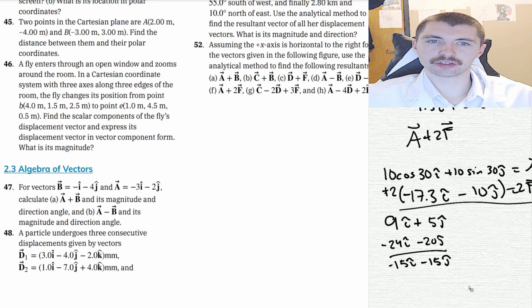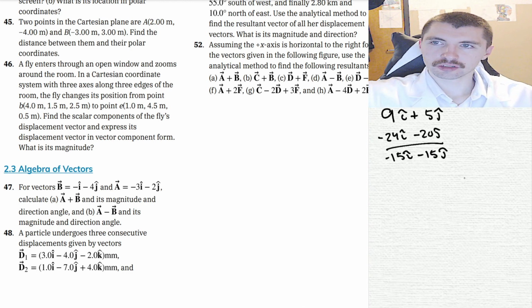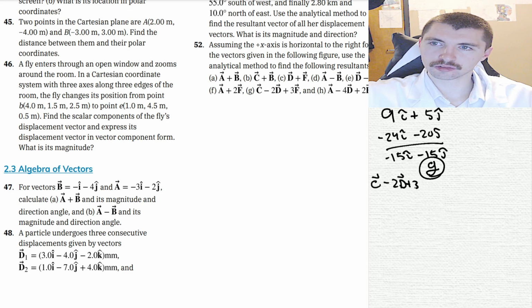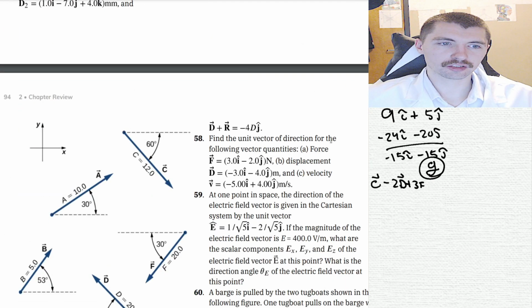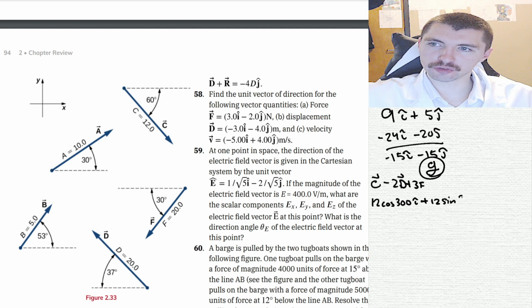Okay, now we need C minus 2D plus 3F. So number G. Okay, so we need to find C. So C is 12 cosine 300 i, 12 sine 300 j.